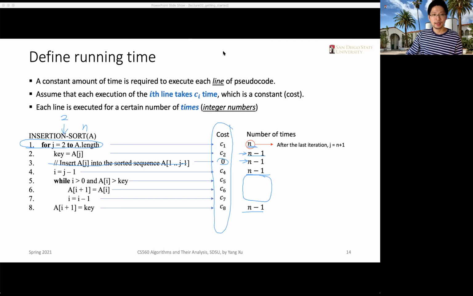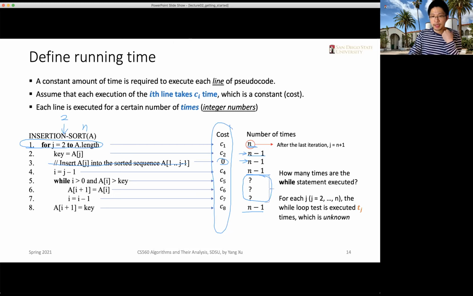But that doesn't mean we cannot deal with it. We need to think about another way to count how many times each line of the while loop code has been executed. Because we don't have further information, we have to make some assumptions.